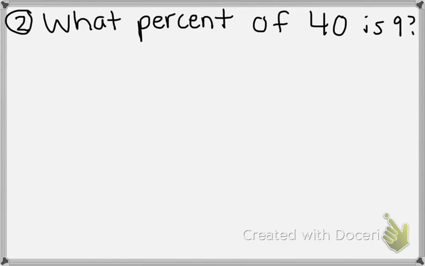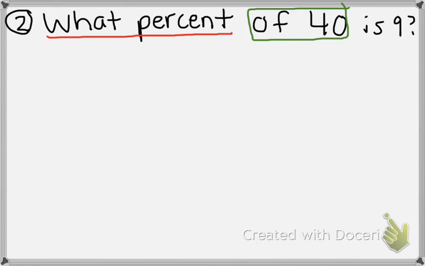Here's another example. What percent of 40 is 9? Again, we're going to do our underlining, our circling, and our boxing. What percent of 40 is 9? Now we're going to write out a percent equals, part equals, and whole equals.